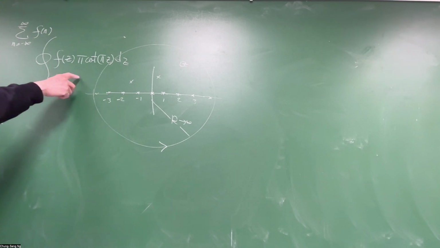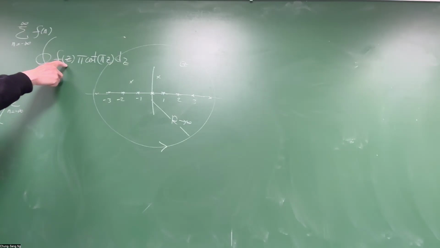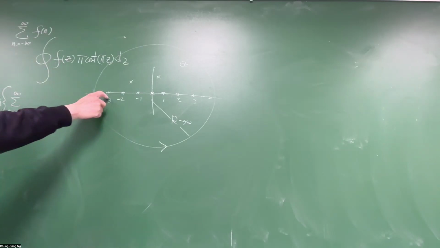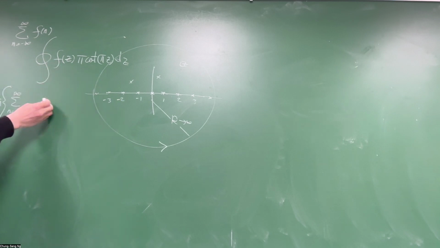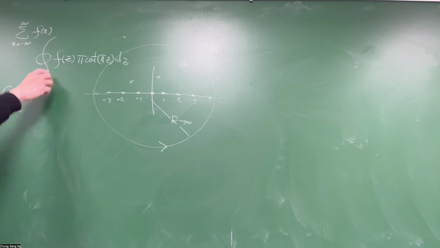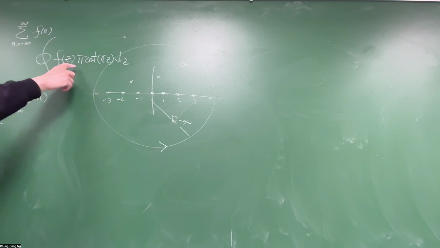All right, so we use that to calculate the residue. Assuming f is not singular at the poles, you evaluate it at the location of the pole, which is just z equals n.